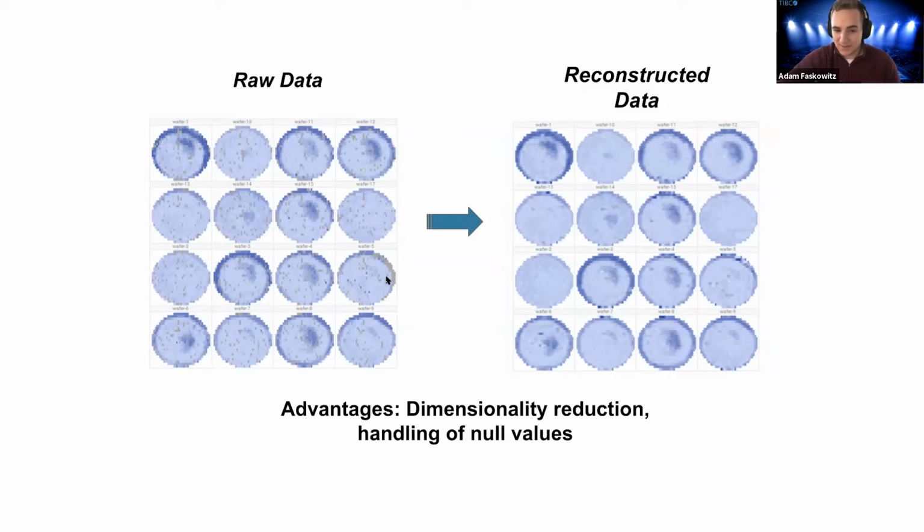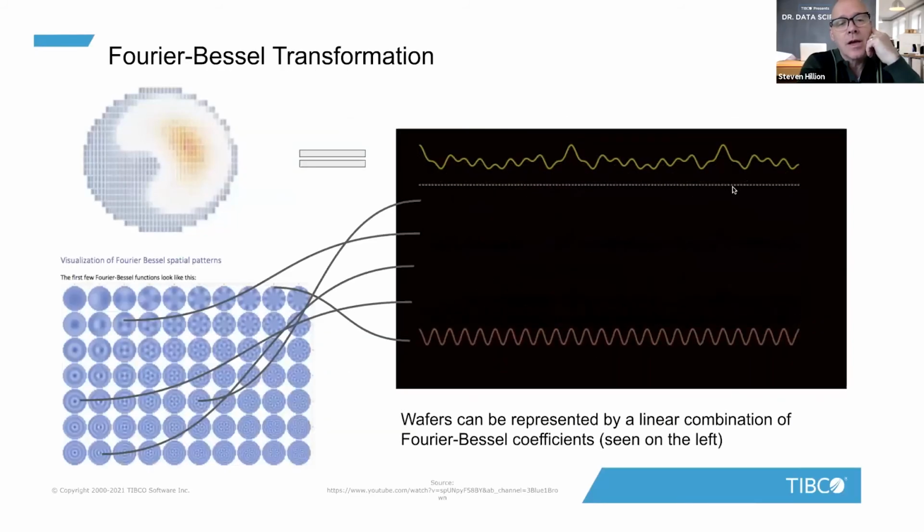But what the Fourier-Bessel transformation is able to do is pick up the radial nature of this wafer, understand what other wafers with similar shapes might look like, and impute those with values that make sense. So as you can see, it's darker blue, and it smooths it out like that one on the top right as well. Wafer, what is that? Wafer number 12. That's a really nice example. There's lots of little missing values there, but it's really smoothed it out and makes a lot of sense.